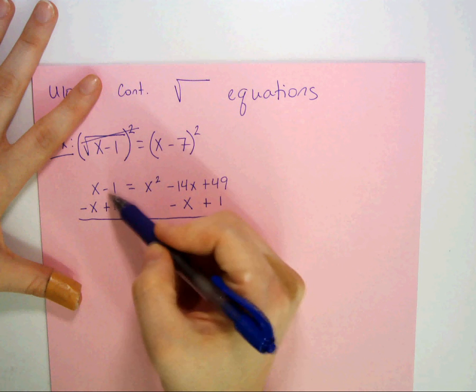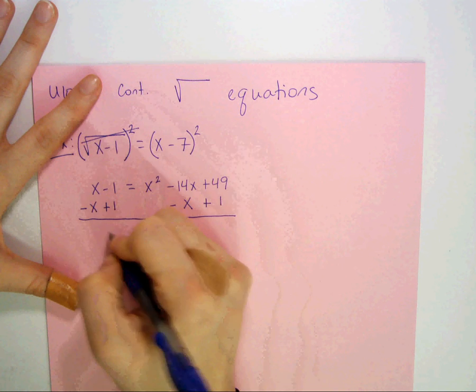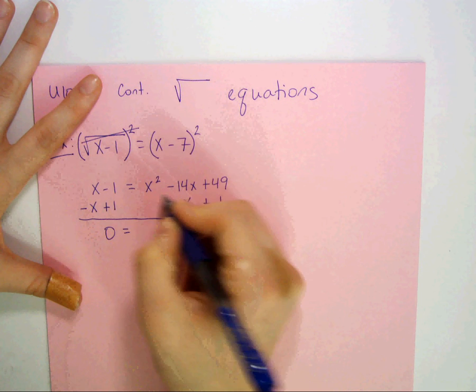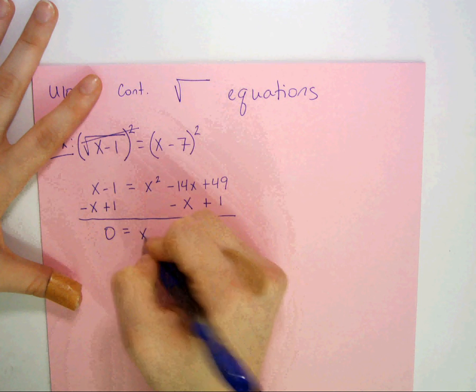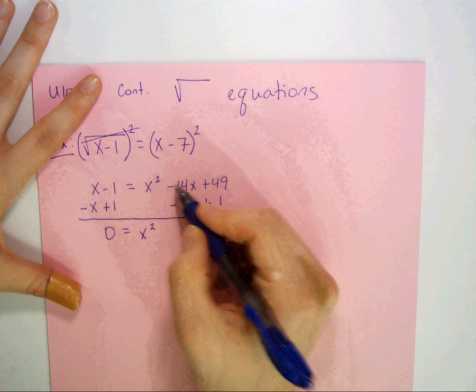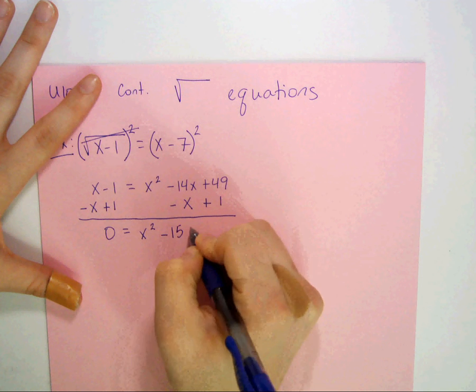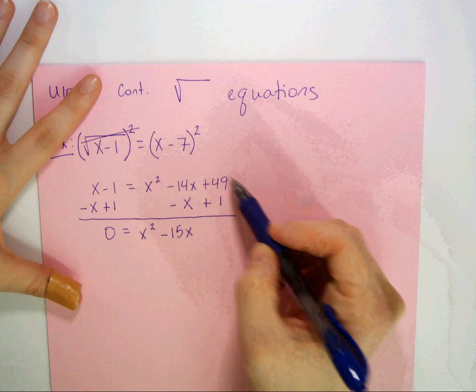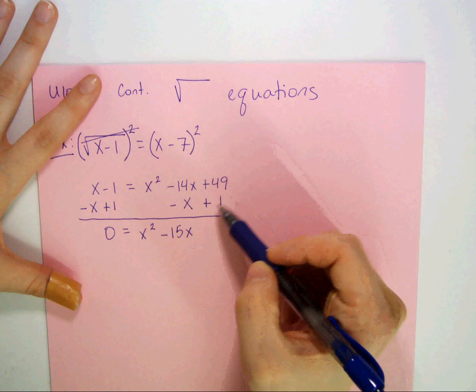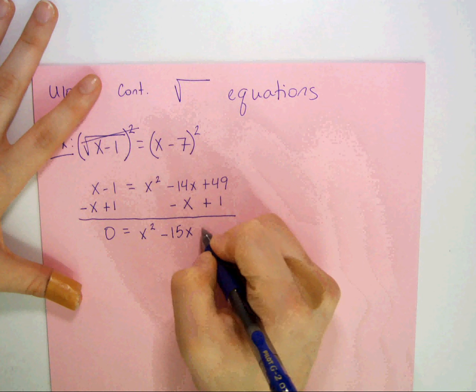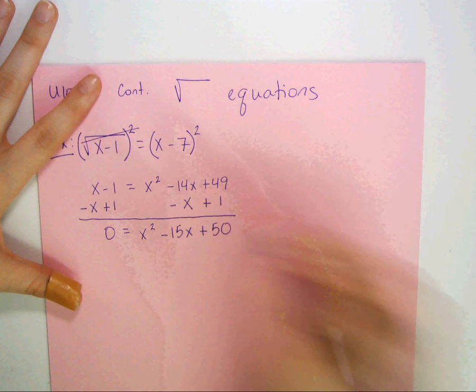I'm good there. Negative 1 plus 1, definitely 0. I'm good there. So 0 equals my x squared just comes down. Negative 14 minus 1 gives me negative 15x. And then 49 plus 1 gives me positive 50.